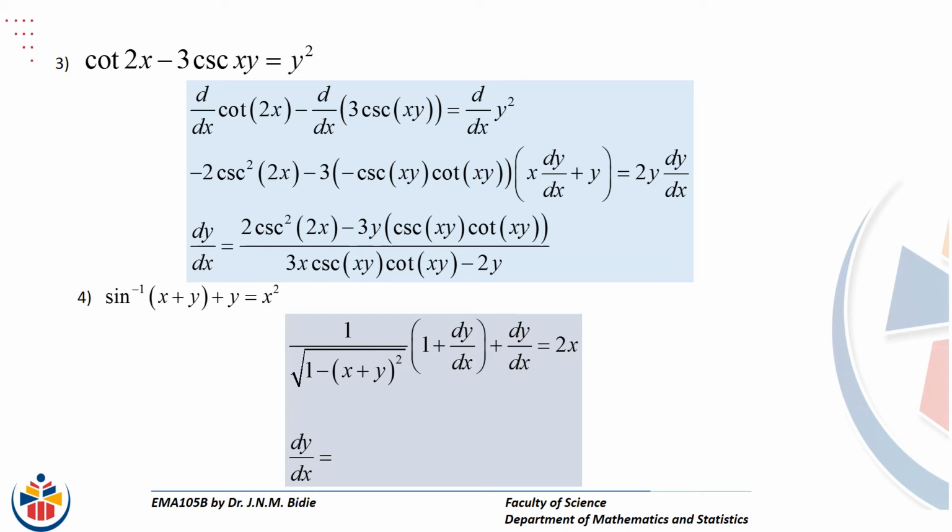But then you have to multiply by the derivative of u, which is the derivative of x plus y, which gives us 1 plus dy over dx, plus the derivative of y, which is the second term on the left hand side, is dy over dx, equal to the derivative of x squared, which is 2x.